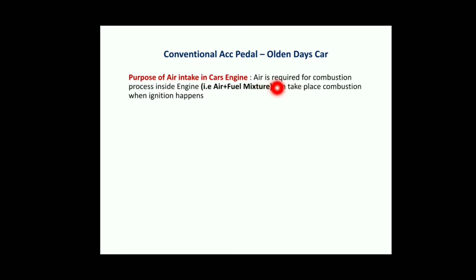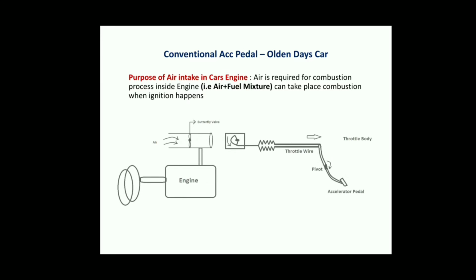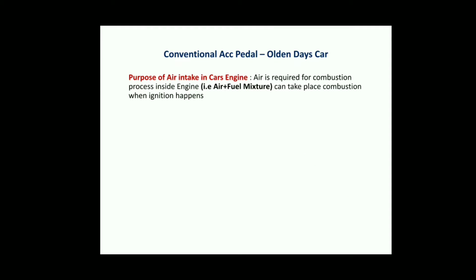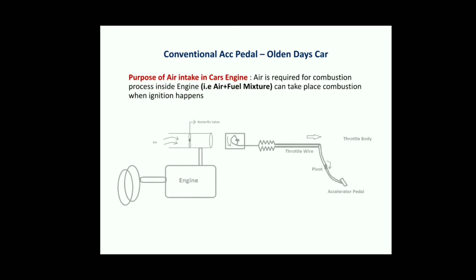Air is required for the combustion process inside the engine: air and fuel mixture can undergo combustion whenever the ignition happens. That is why air is required. In this picture you can see what exactly happens.